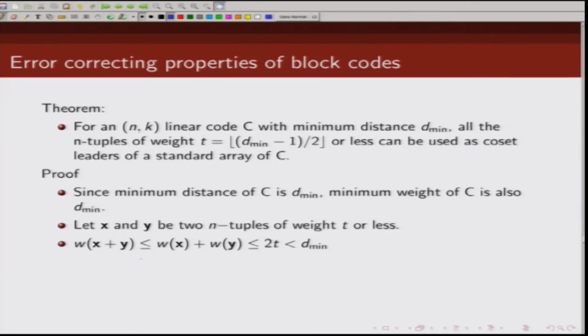Because there might be some overlapping ones at some locations of this n-tuple x and y, and we are given that the weight of x and weight of y is at most t. So, then weight of x plus weight of y will be less than or equal to 2t, and this is less than minimum distance, because minimum distance of code is at least 2t plus 1.